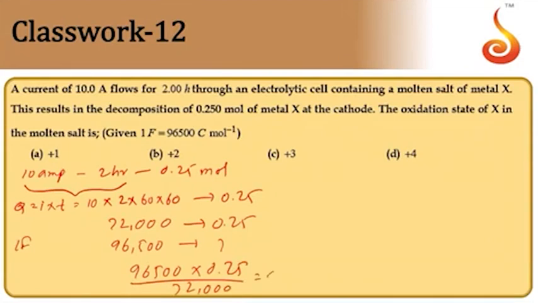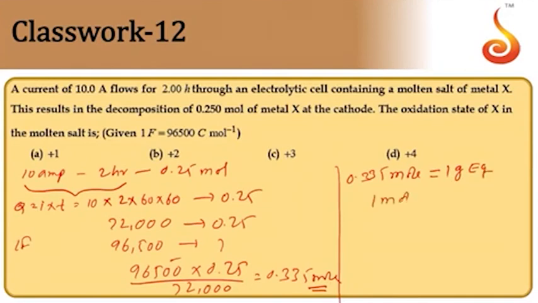We get the value 0.335 moles. So 0.335 moles is equivalent to 1 gram equivalent, because when you are passing 96,500 coulombs, we get 1 gram equivalent. So 0.335 moles is equal to 1 gram equivalent of the salt.